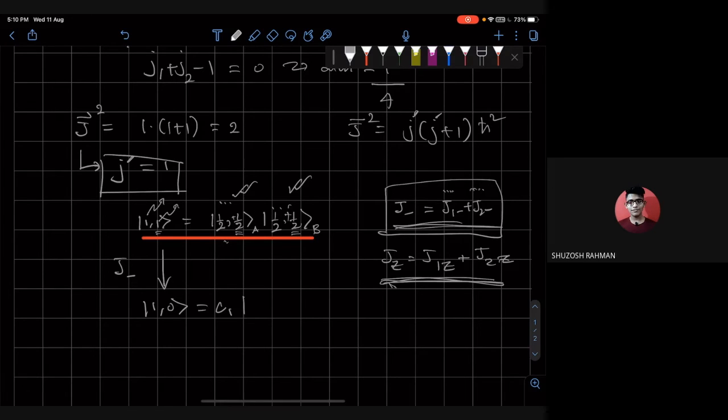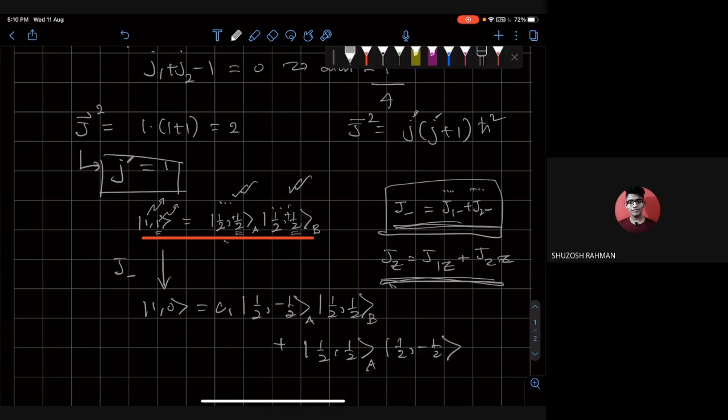And then this will be half, comma, minus half, tensored. So this is A, half plus half. And there'll be another term, so this is B, where this will be half, half, and the second factor will be half, minus half, right?